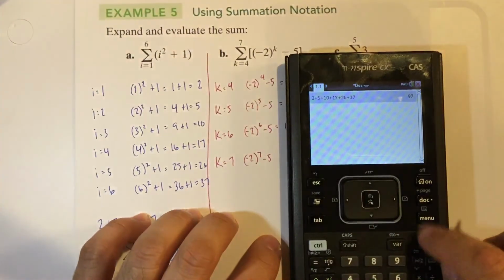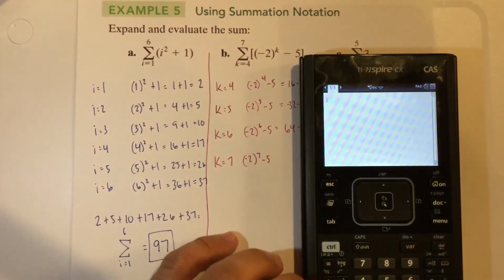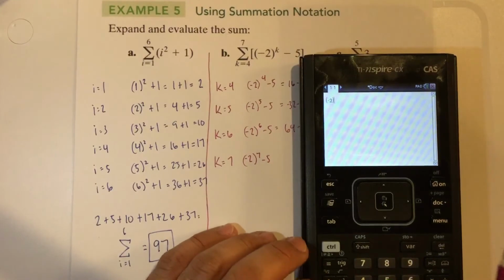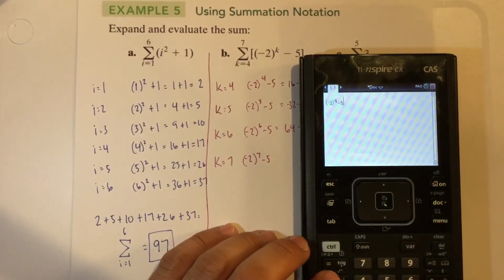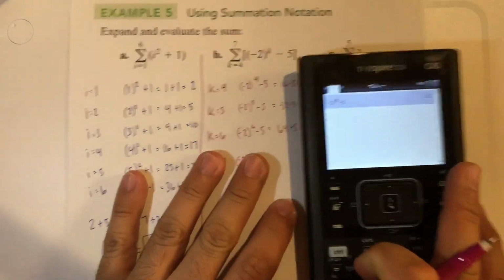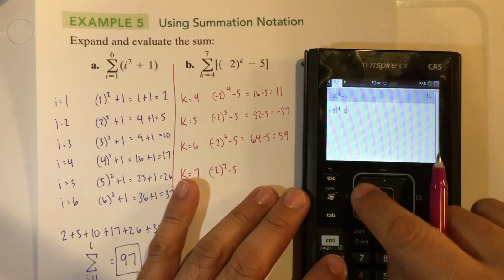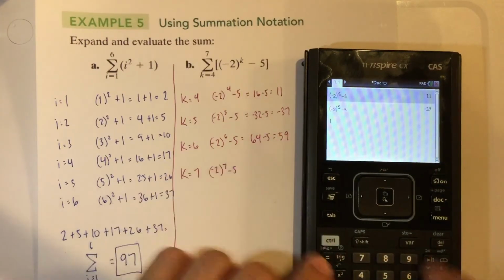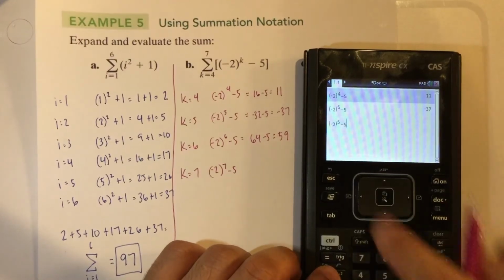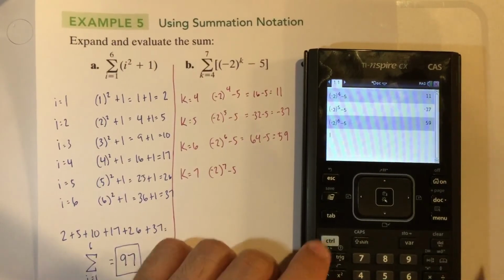I want to make sure I don't make any small errors. So parentheses, negative 2, close parentheses, raised to the 4th power, minus 5. The first one, double checking it, is 11, which is good. The next one is negative 37, which is good. The next one is 59, which is also good.